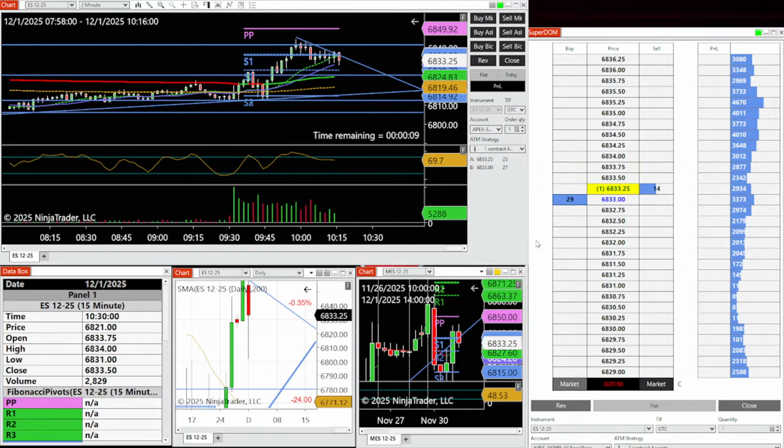Who's it going to squeeze, the longs or the shorts? Is it trying to get some longs in here to squeeze them out?